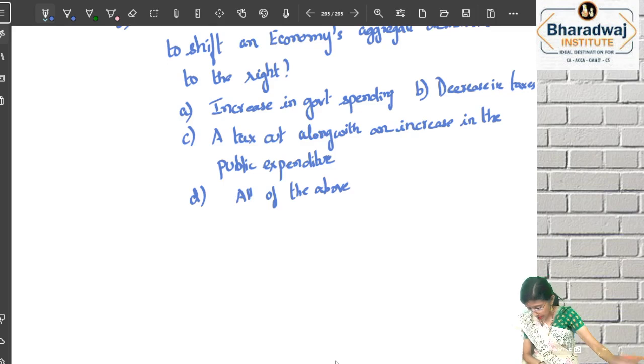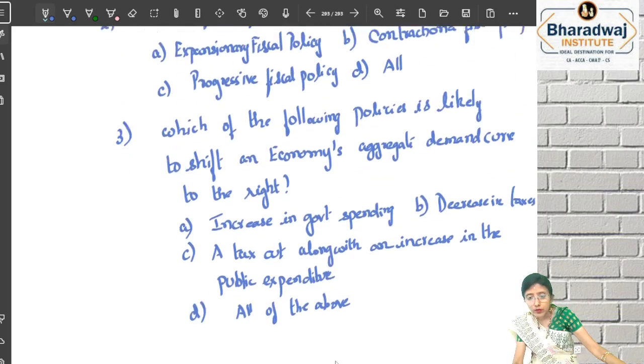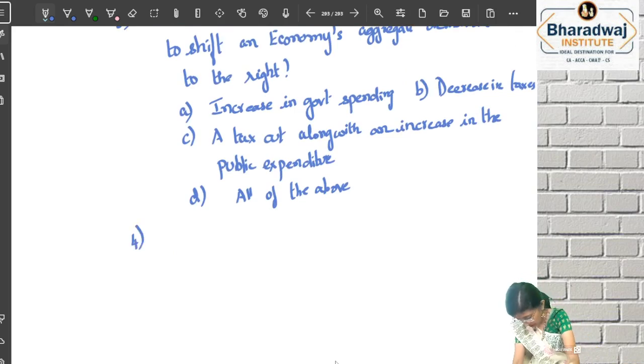Question 4. An expansionary fiscal policy.